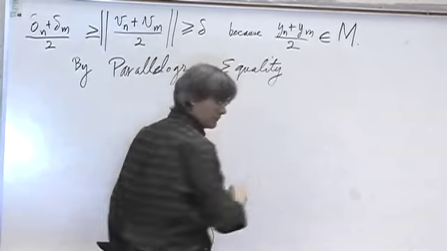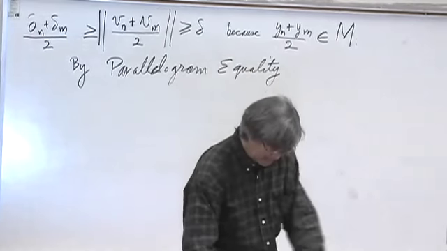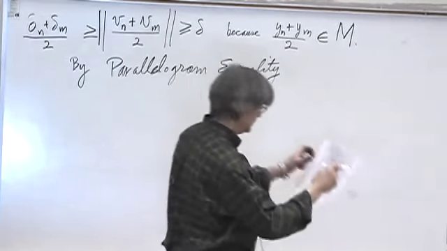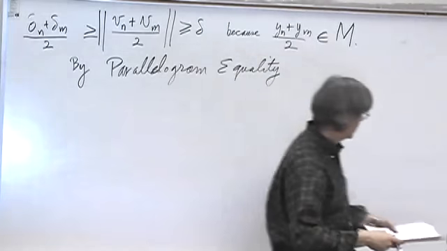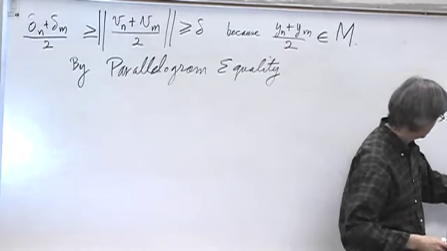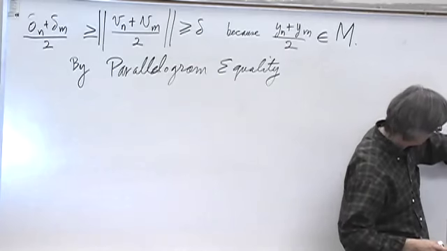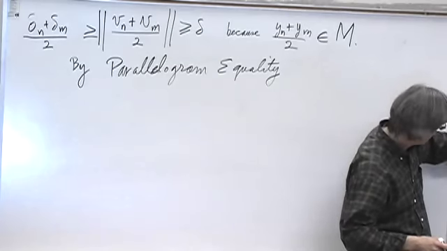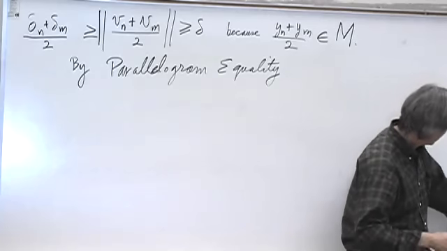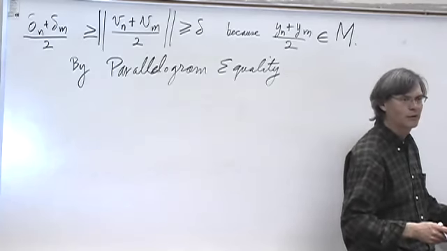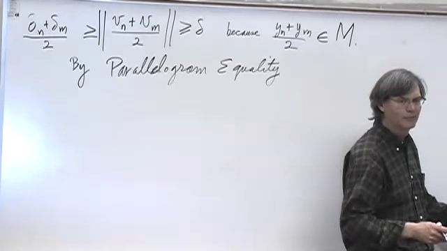What's the idea? Basically, this side is delta, that's delta. Think of this as just delta. Delta squared plus delta squared plus delta squared plus delta squared has to be the sum of the squares of the two diagonals.